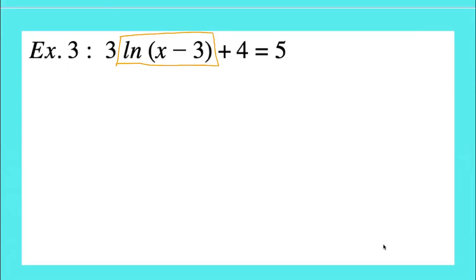So what do I need to move in order to achieve that? You subtract the 4. Perfect. So 3 ln x minus 3 equals 5 minus 4 is 1. Okay. And then we could divide by the 3.